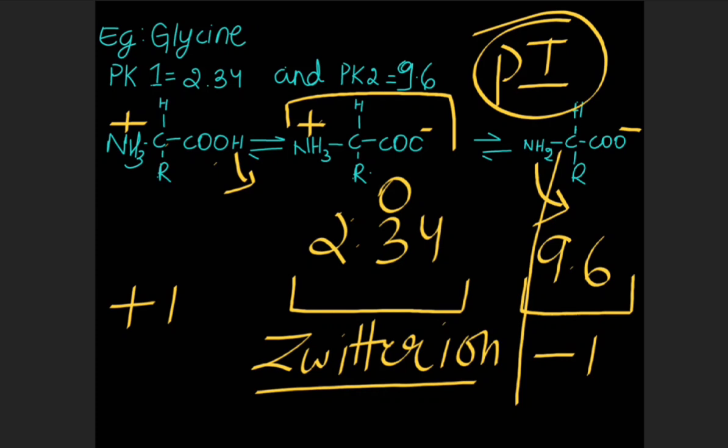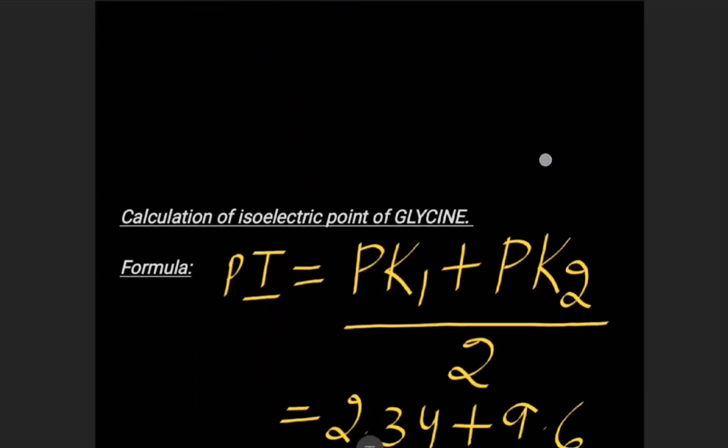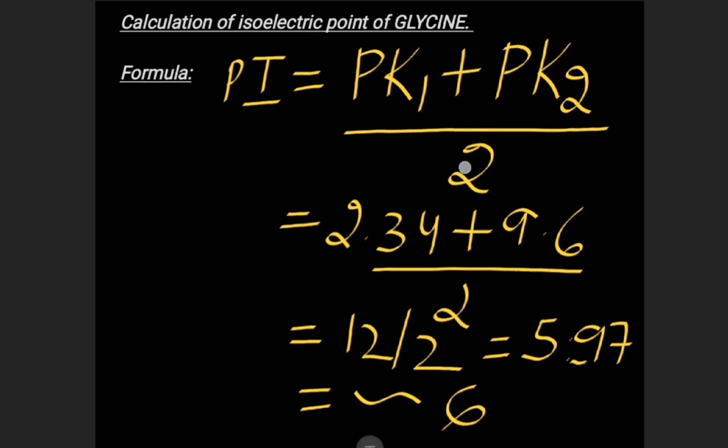The positive form has gained a charge because the hydrogen ions are high in number. Then we calculate with the formula pK1 plus pK2 divided by 2, which gives approximately 6. That is the isoelectric point of glycine.